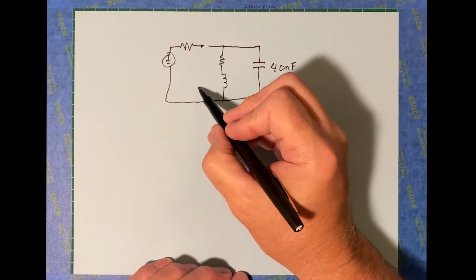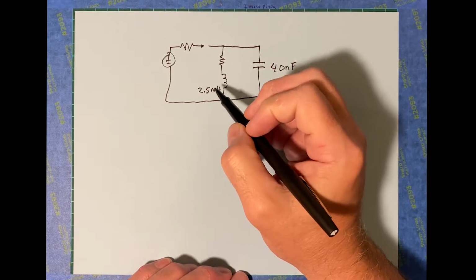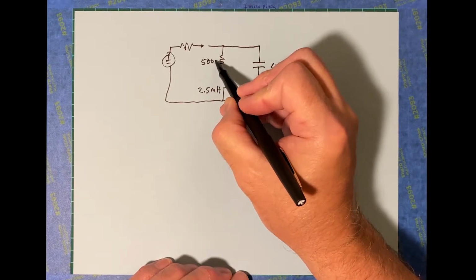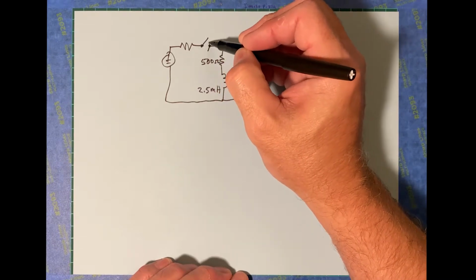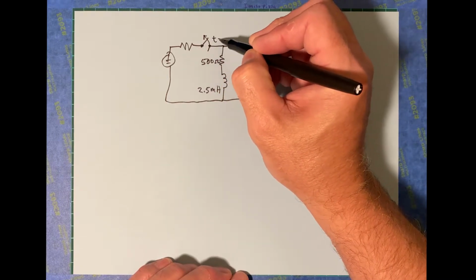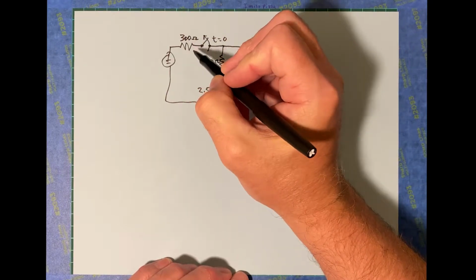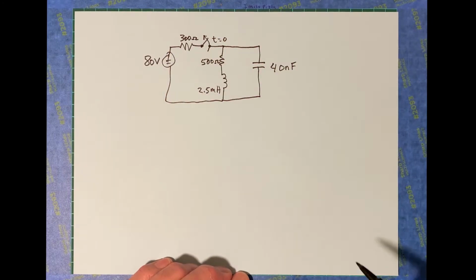This is 2.5 millihenry. This is going to be 500 ohms. Here's the switch, and the switch is actually opened at t equals 0. This is a 300 ohm resistor and 80 volt source here.